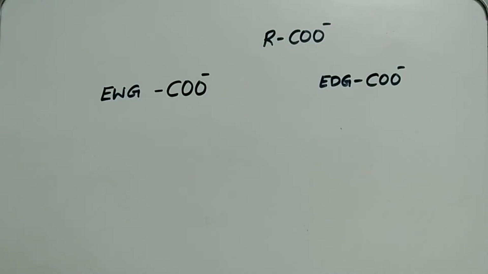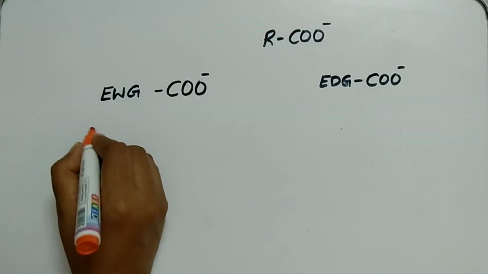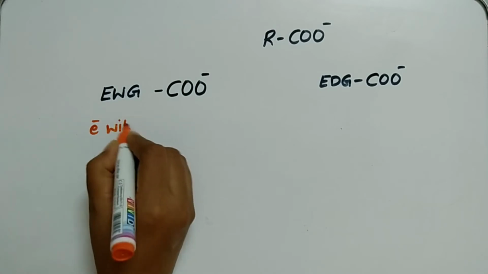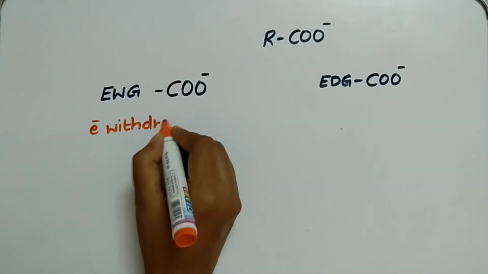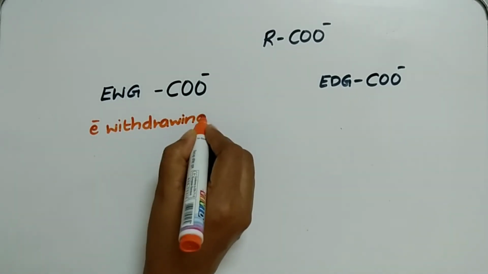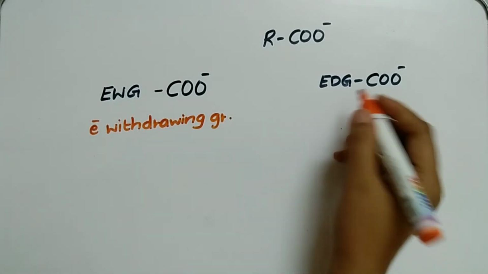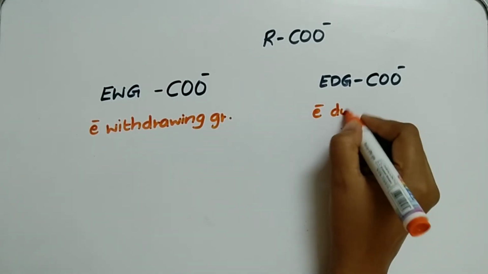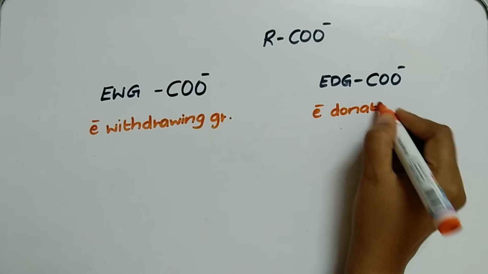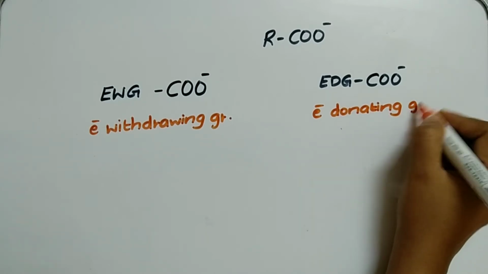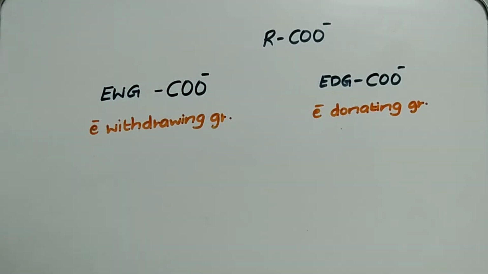So what is EWG? It is electron withdrawing group. What is EDG? It is electron donating group. Check the difference. One is electron withdrawing group, one is electron donating group.